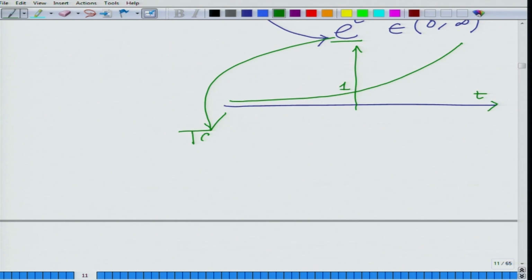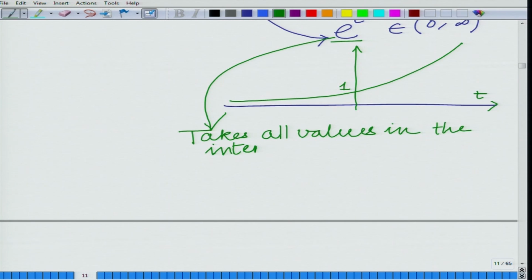It is a continuous time signal and takes all values in the interval 0 to infinity.